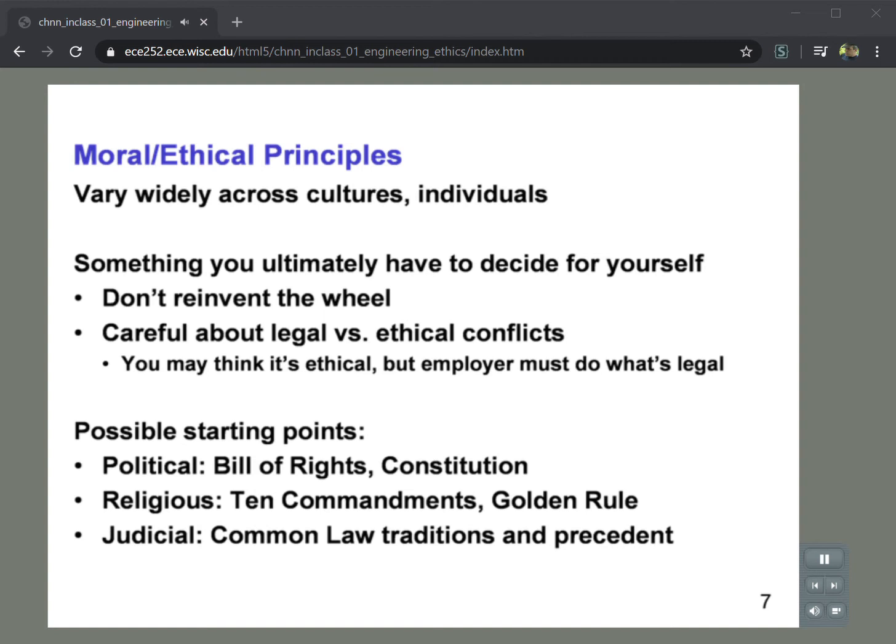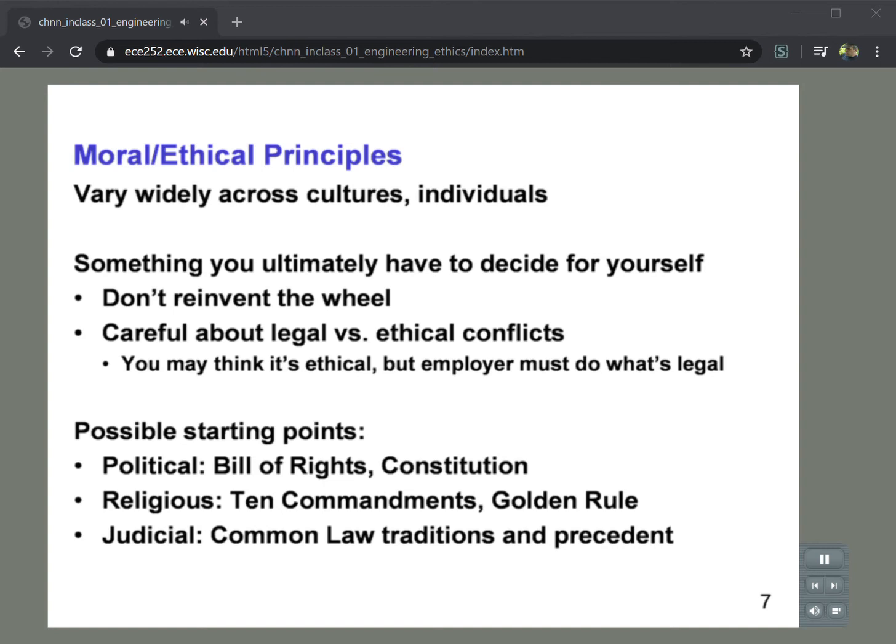And so you have to be very careful about engaging in any activity that you might consider ethical, again, in your professional capacity, but that your employer would possibly disagree with because of the law of the land. You have to realize that there will be repercussions for that. Your employer is not going to respond positively to you doing things that are illegal, independent of what your ethical view of those actions may or may not be.